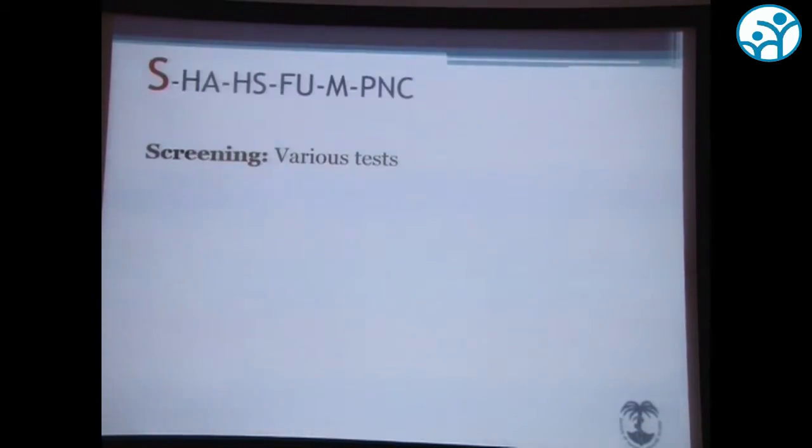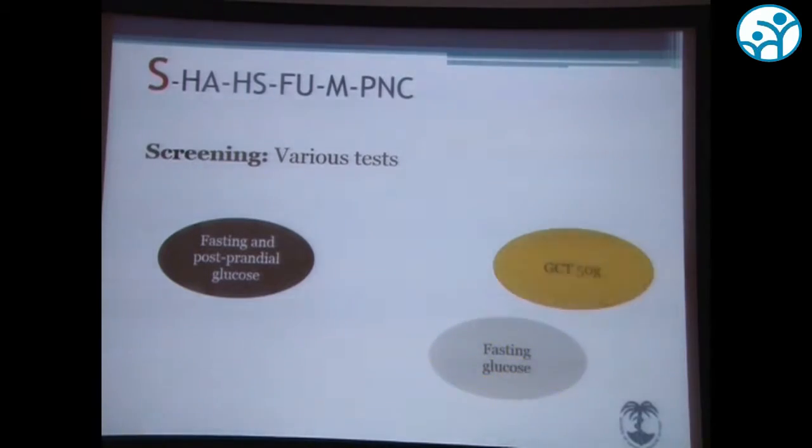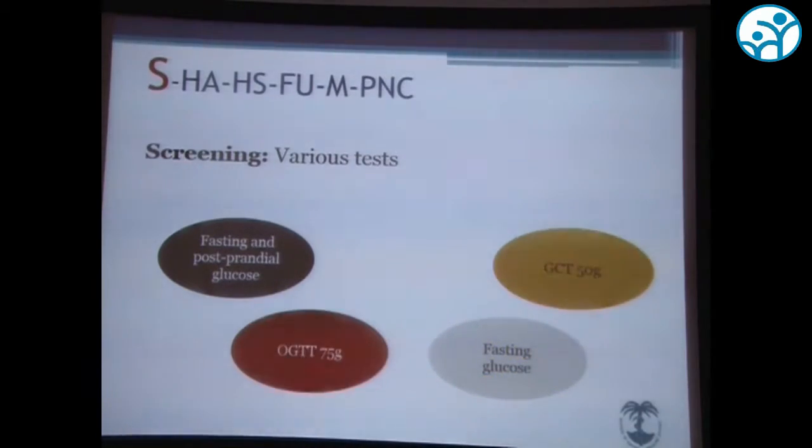We looked at screening practices, and we found out that in different hospitals various tests are used for screening, such as fasting glucose, fasting and postprandial glucose, the O'Sullivan 50-gram glucose challenge test, the oral glucose tolerance test, either 75-gram or 100 grams.